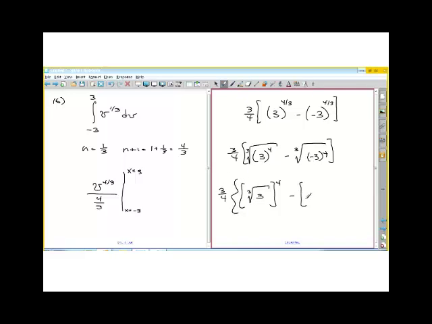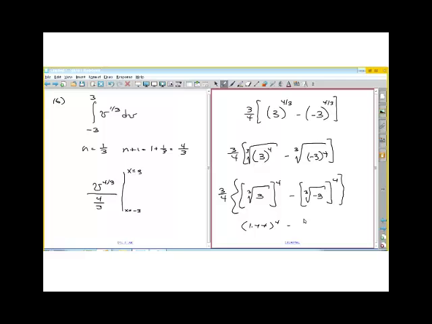Okay, so then you have the cube root of -3. What happens with the cube root of 3 is it's whatever the number is. So let's just take 3 to the 1/3 power, and you get 1.44. Okay, so it's 1.44 to the 4th power.